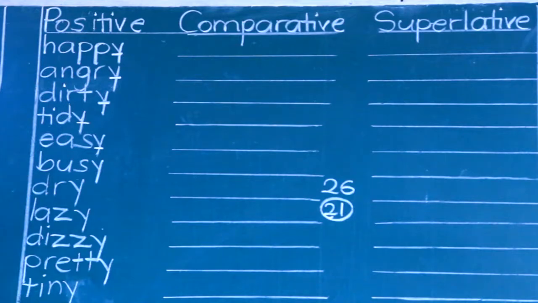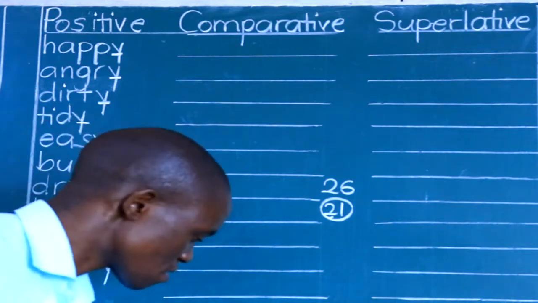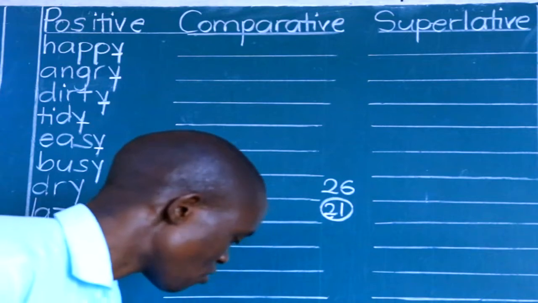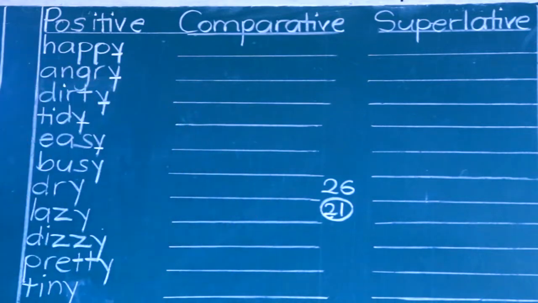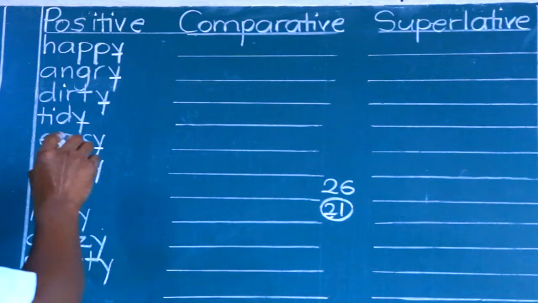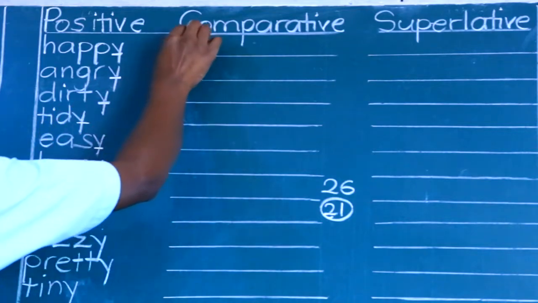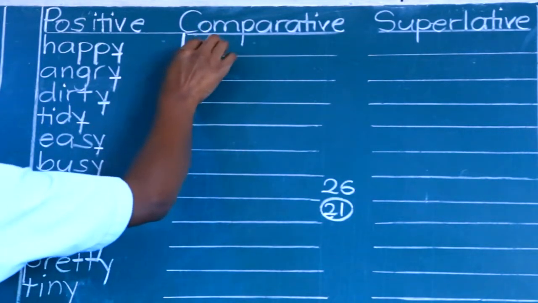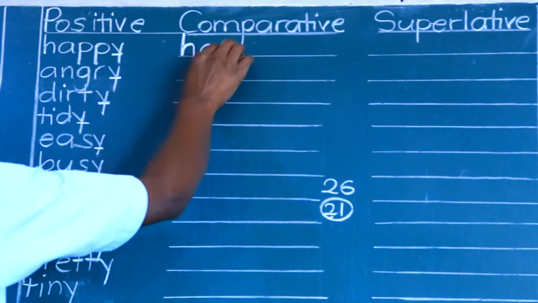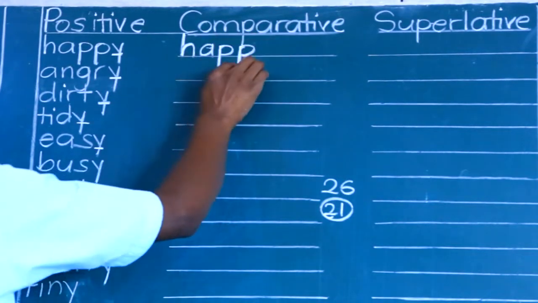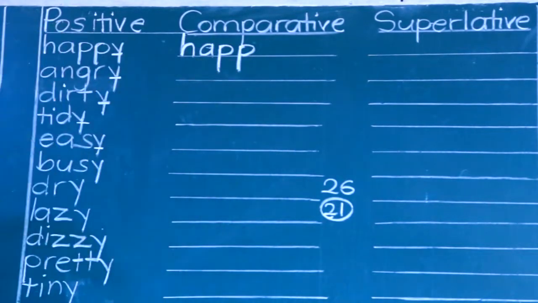In all these adjectives, what happens? How do we form the comparatives of those adjectives? Let's see. Following the rule, remember, replace the last Y with IER as we have read in the previous part. So we write H, A, double P. The last Y will be thrown away completely.